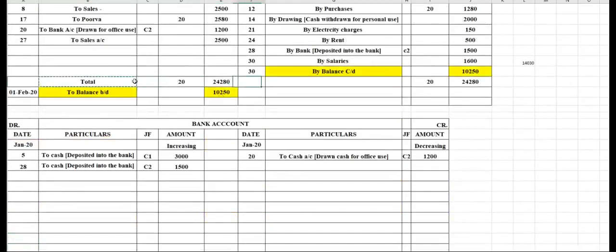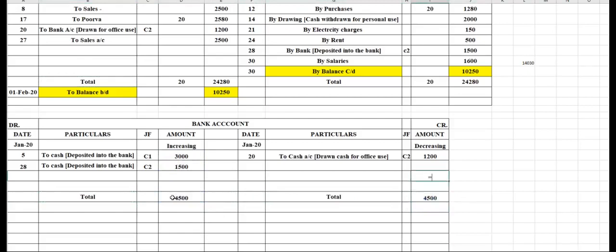This is the total here. Let's make the total of the bank account. The total of the bank account is the sum of these, 1,500 rupees and 4,500 rupees. Again, the total of the credit side of the bank account, we will take 4,500 only.